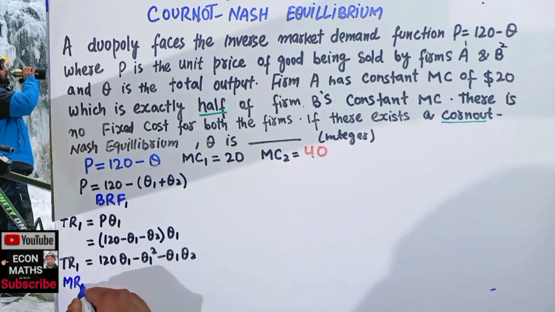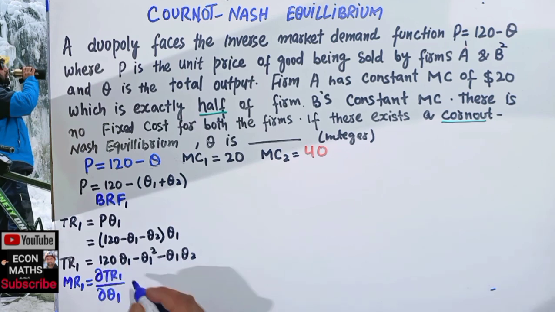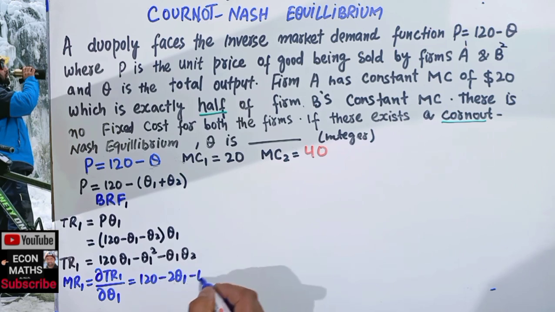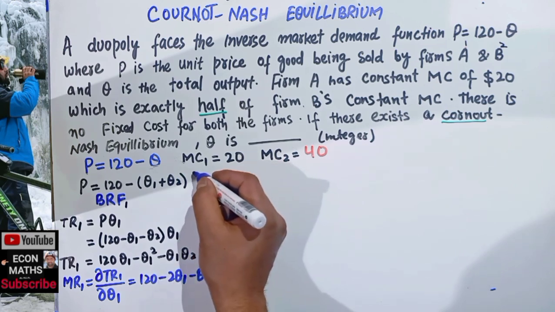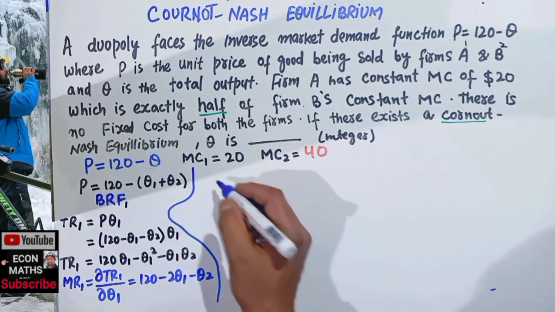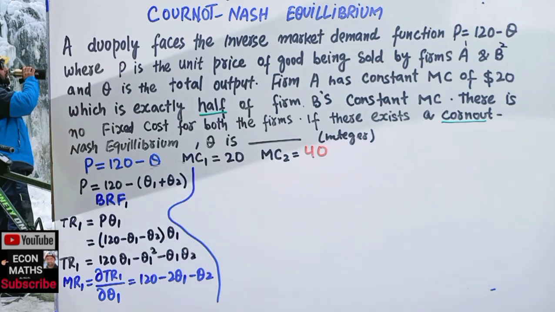Marginal revenue of firm 1 will be the derivative of this total revenue function with respect to output, that is with respect to Q1, dTR1 by dQ1. We take the derivative of this function partially with respect to Q1, so we will get 120 minus twice Q1 minus Q2. So this is our marginal revenue. Next we need to find out the marginal cost that is being given to us.